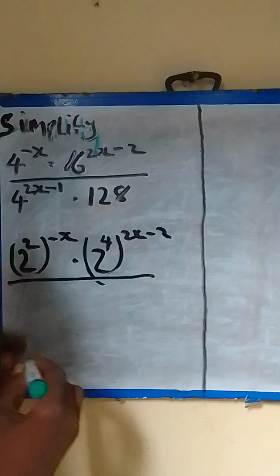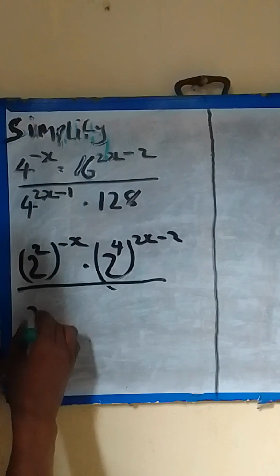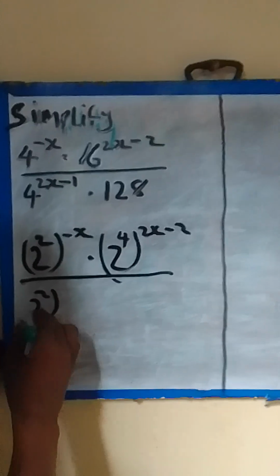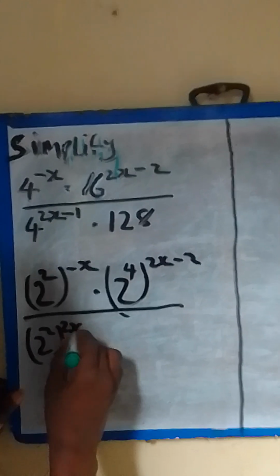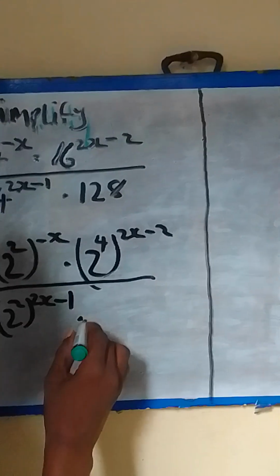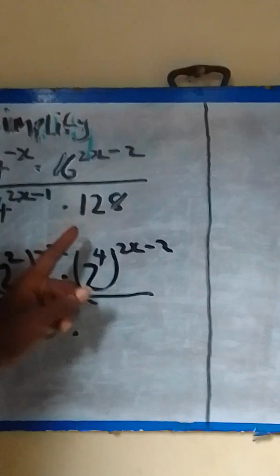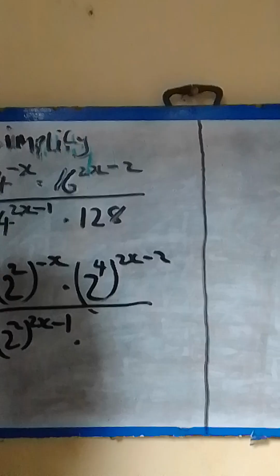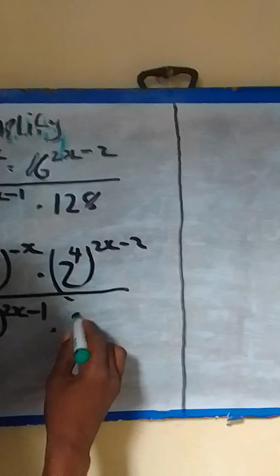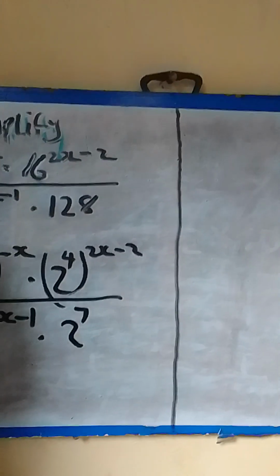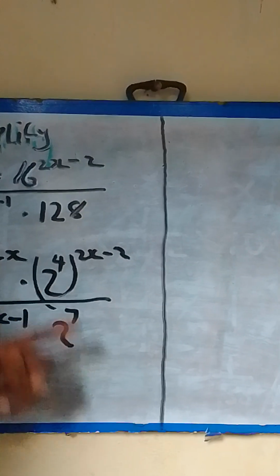How many times will you multiply 2 to give us 4? It's the same thing as saying 2 raised to the power 2, raised to 2x minus 1, times. How many times can you multiply 2 to give you 128? It is 7 times. You see that 2 raised to the power 7, 2 times 2 seven times, will give us 128.